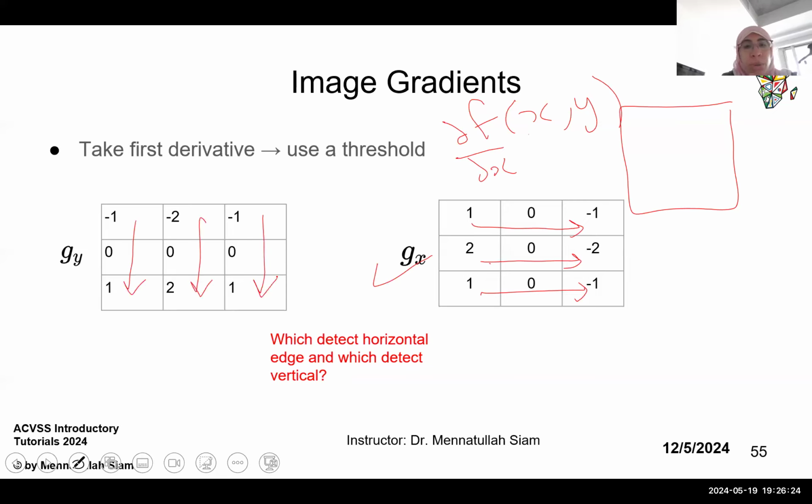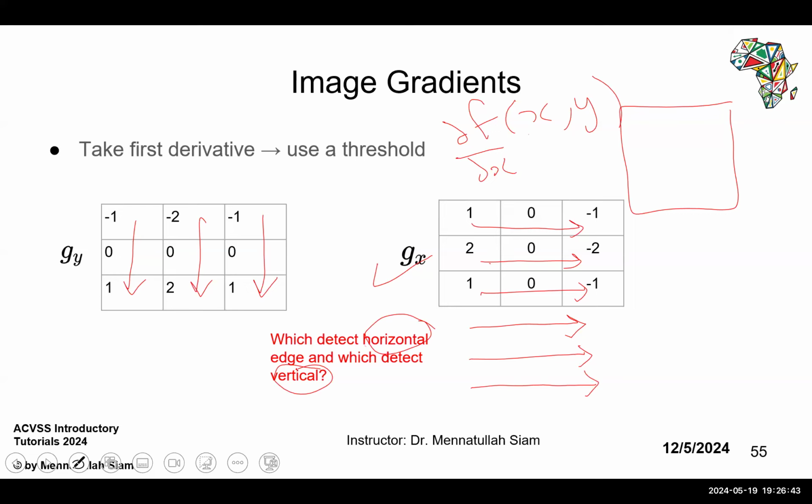So you tell me, if I'm looking into the change in the X direction, am I detecting a horizontal edge or a vertical edge?